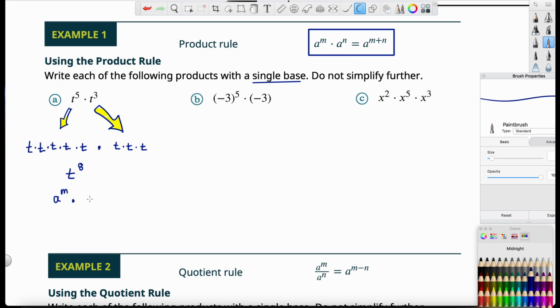We're just going to add our exponents when we multiply expressions that have the same base. So this would be t to the 5th times t to the 3rd. It would be t to the 5th plus 3, which is t to the 8th, our final answer.